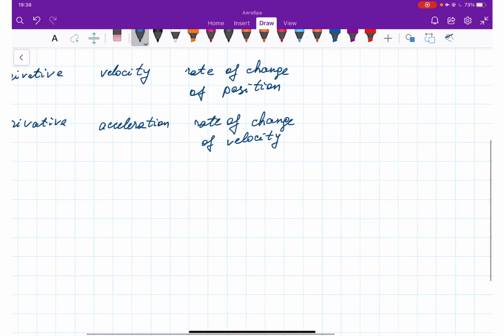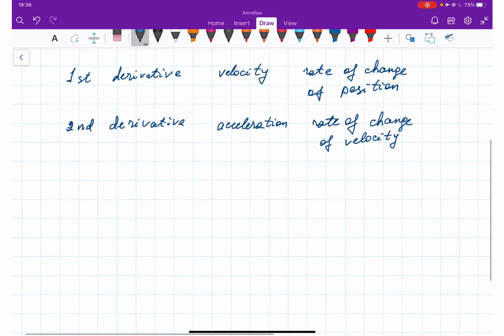Because I'm taking the derivative of the velocity, it's a rate of change of velocity, which gives me acceleration.